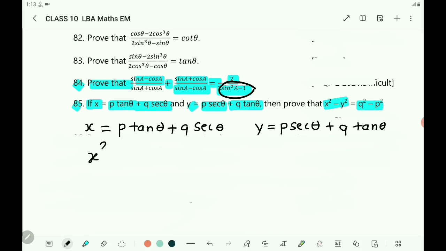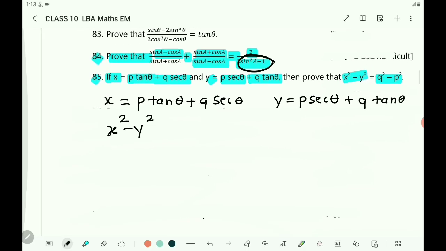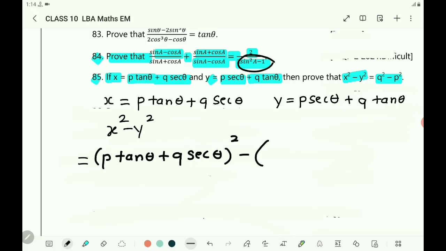Then you take x square minus y square. Here x square is p tan theta plus q secant theta whole square minus y square is p sec theta plus q tan theta whole square.